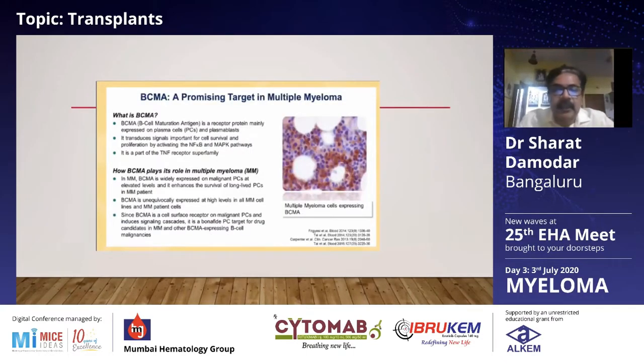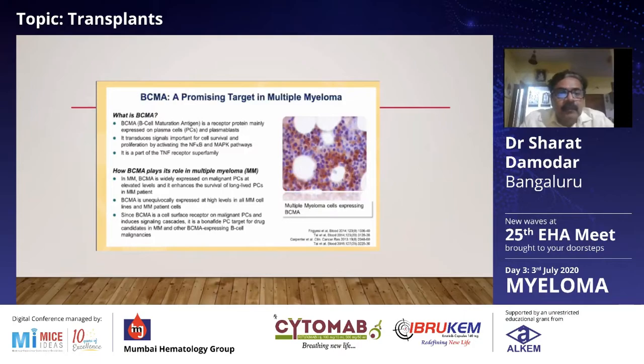Now, clearly, the target for immunotherapy or cellular therapy is the BCMA receptor. What is this? This is a B-cell maturation antigen, a receptor protein mainly expressed on the plasma cells and plasmablasts. It transduces signals important for cell survival and proliferation by activating the NF-kappa B pathway and the MAP kinase pathways.